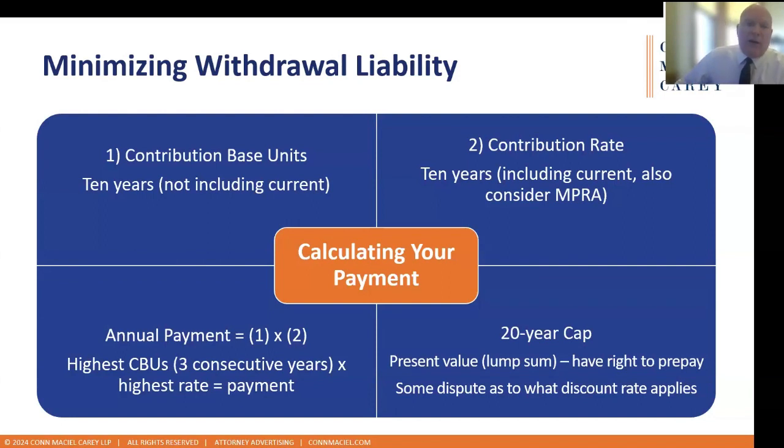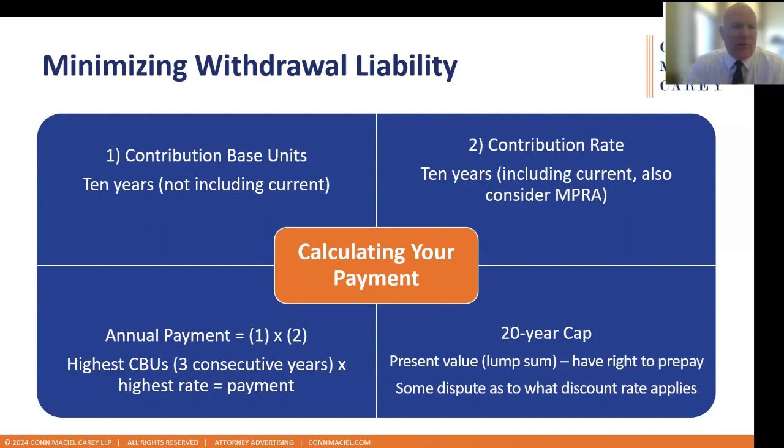So how do you determine what your payment is going to be? Remember, I said there's a 20-year cap, and they can only make you pay an annual payment for a maximum of 20 years. You look at your contribution base units, which, as I said, are the hours or shifts or weeks, whatever it says in your CBA. You look back 10 years, not including the current year, at what your contribution base units have been.